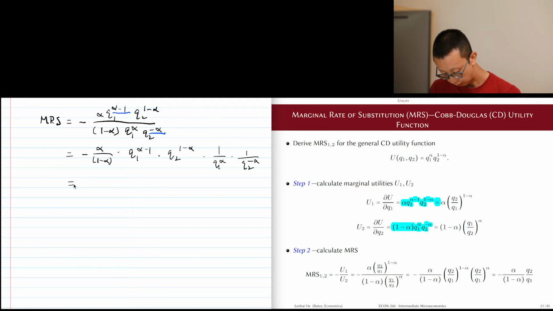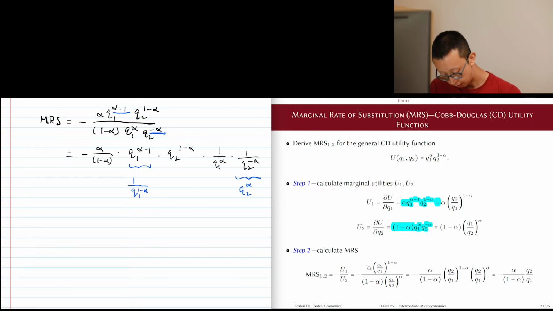So what you would realize, hopefully, is that q1 to the power of alpha minus 1 is just 1 over q1 to the power of 1 minus alpha. And similarly, 1 over q2 to the power of minus alpha is simply q2 to the power of alpha.